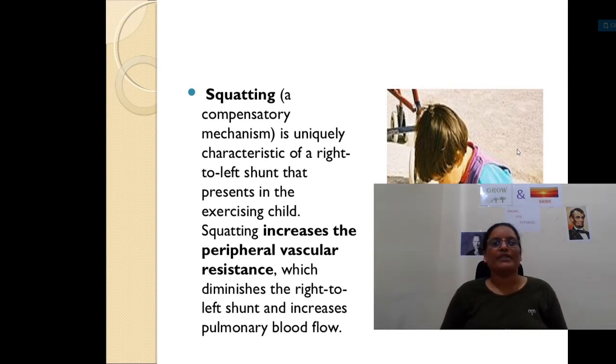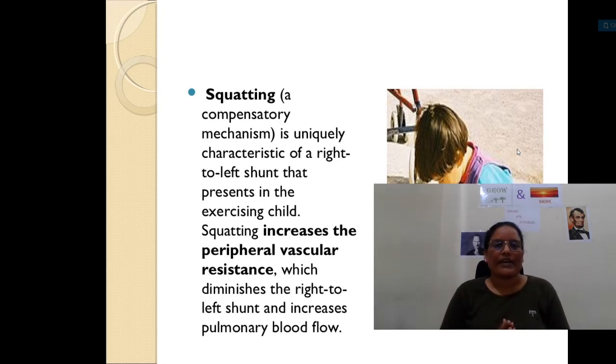Squatting, a compensatory mechanism, is uniquely characteristic of a right to left shunt. Because of this position, the right to left shunt stops for some time, because the pulmonary artery takes more blood and gives it to the lungs.